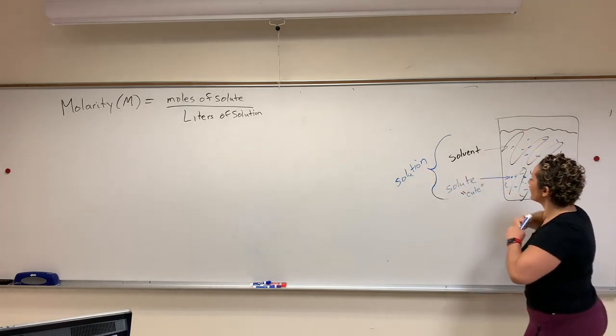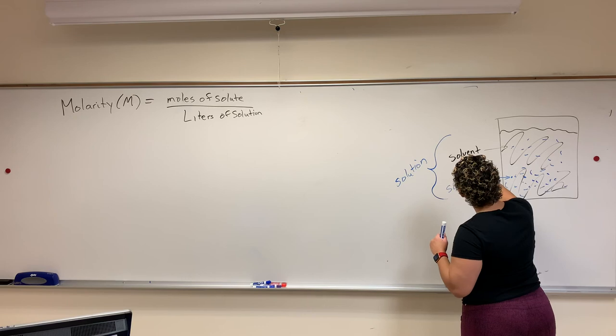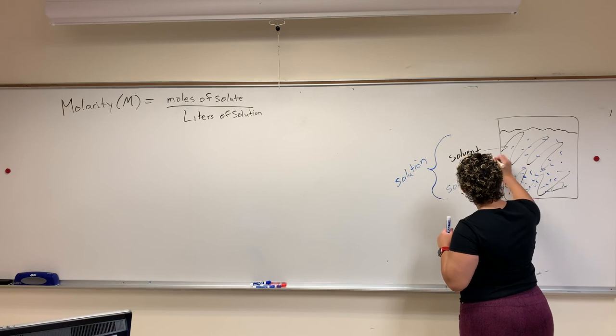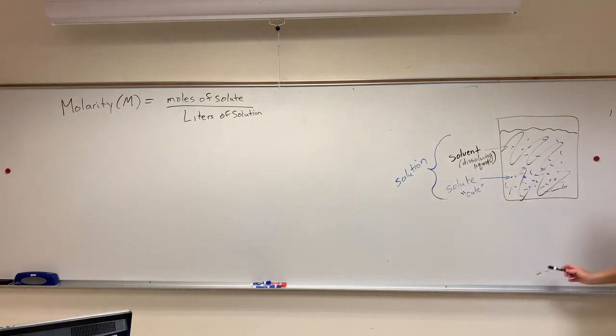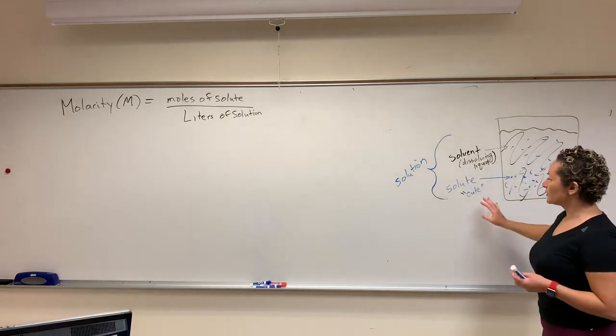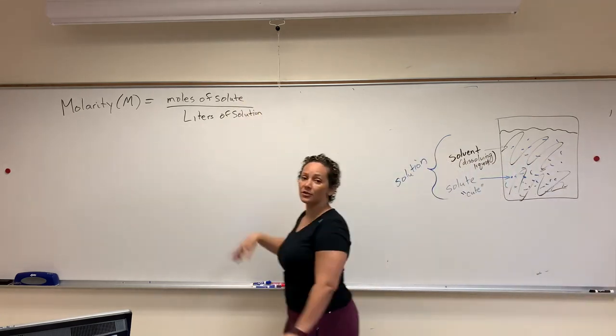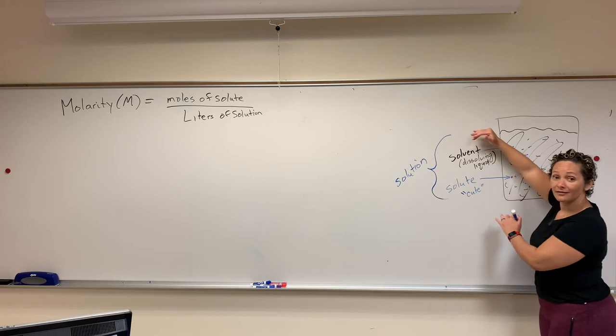So put them together. Let's go ahead and put dissolving liquid. All right, wonderful. Now we can go ahead and put our terminology. Solute, boom, liters of solution. That's the whole thing, okay?